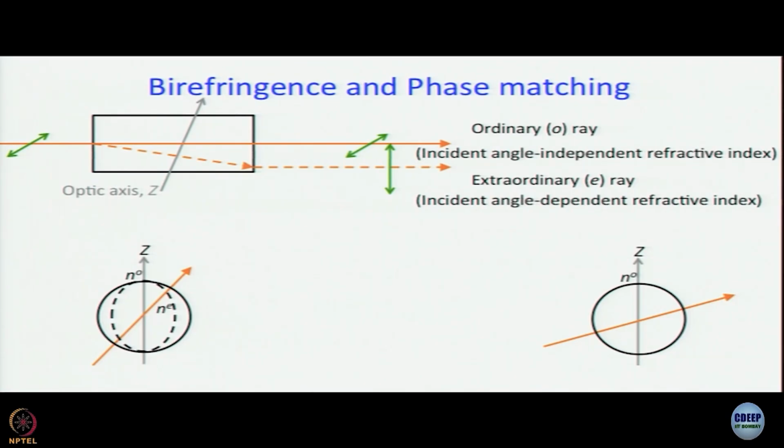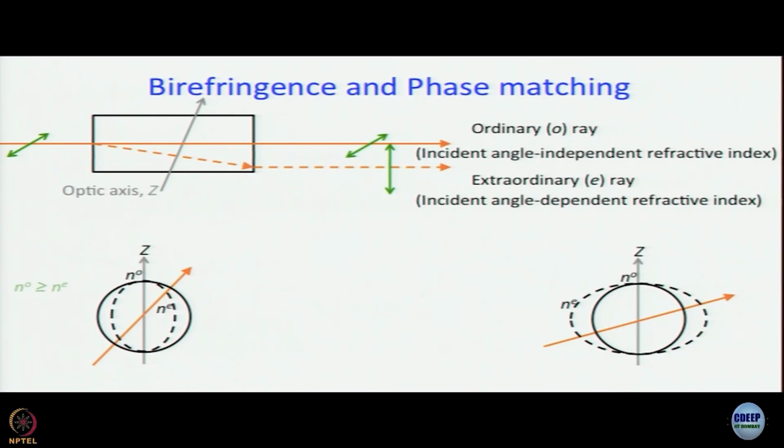Ne is shown in dashed lines. In the other case, for theta equal to 0, No equals Ne, but after that Ne is always more than No, then this will be the case.